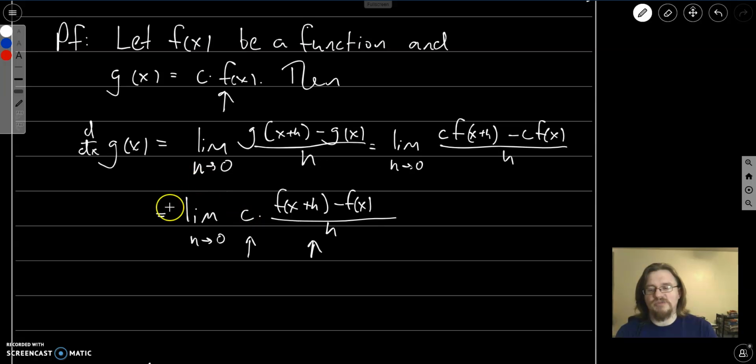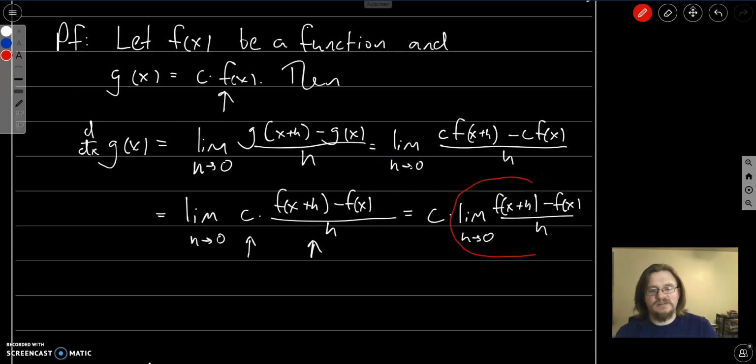So I can pull the c out of my limit and say that this is just going to be c times the limit of f of x plus h minus f of x all over h. And this thing right here, that's just the derivative of f of x.